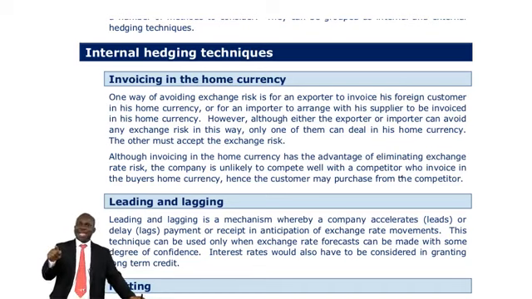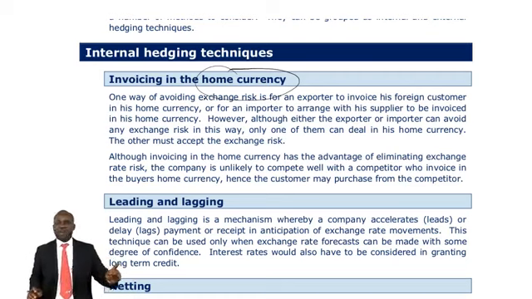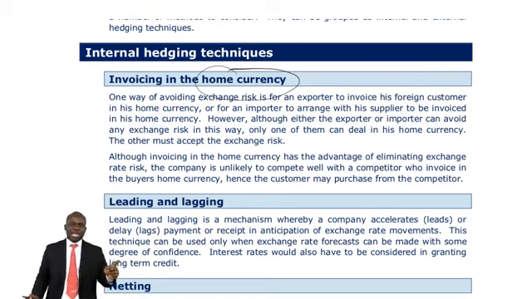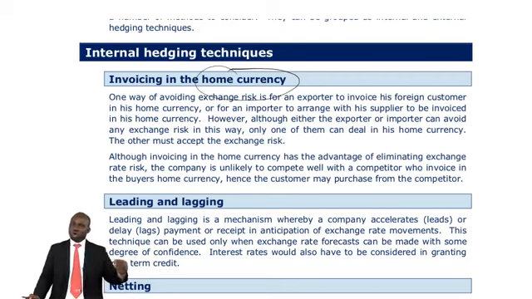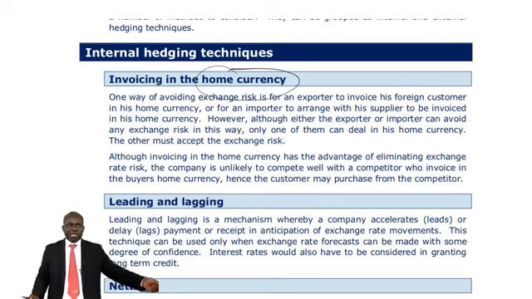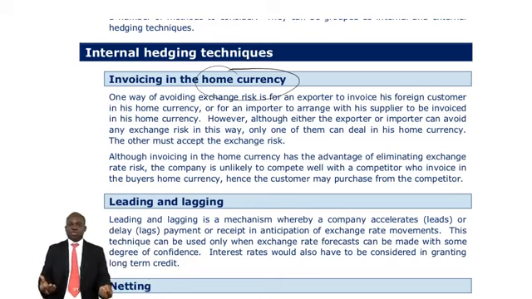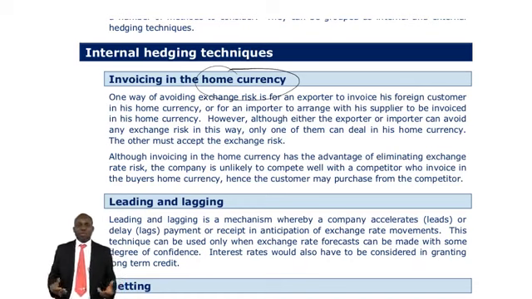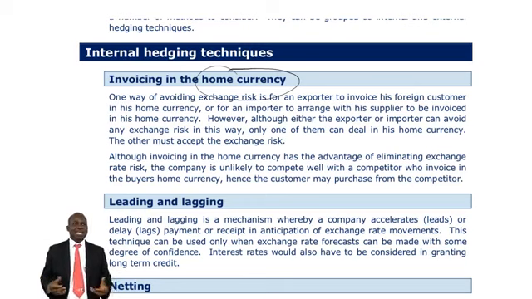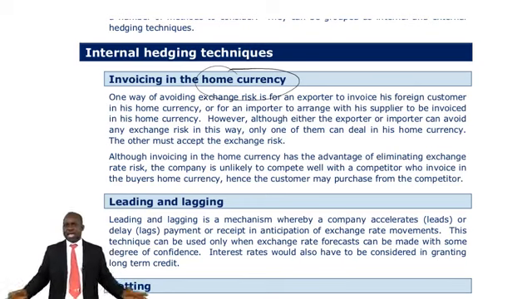So when I enter into the transaction in my home currency, it means the transaction in the first place is not a transaction exposure, because it is not denominated in a foreign currency to me. It is denominated in my own currency. So straightforward, I haven't got any transaction exposure, and as such, I have protected myself in the first place.